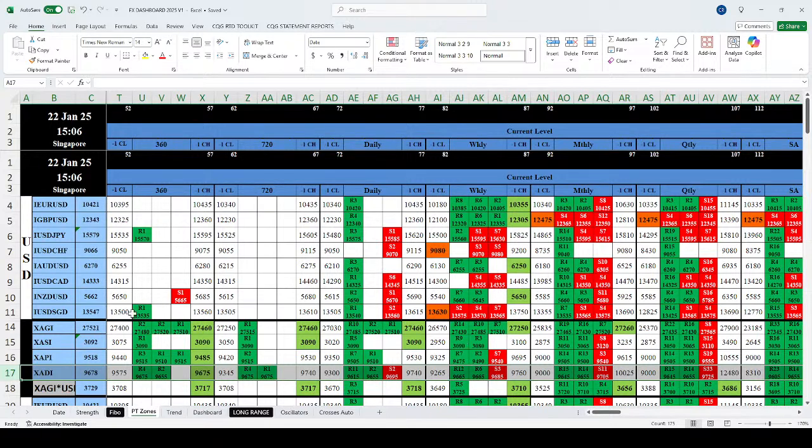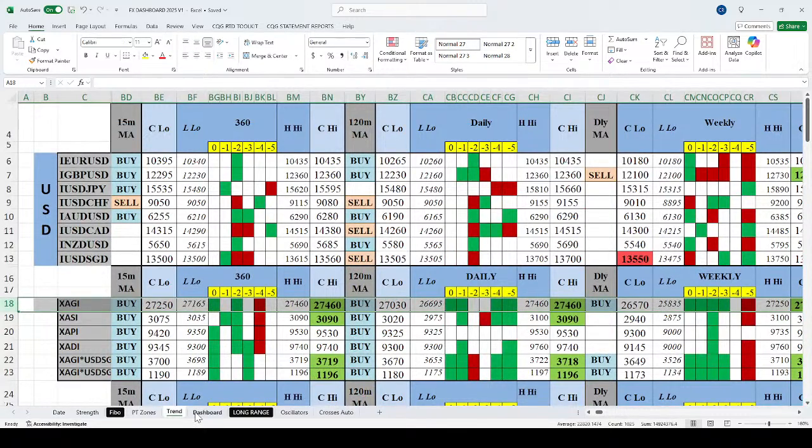Okay, this is already broken. I didn't realize this thing broke. Okay, let me see. So definitely we should be going for a buy and hold on this.